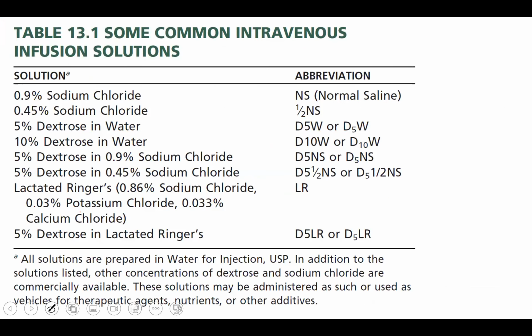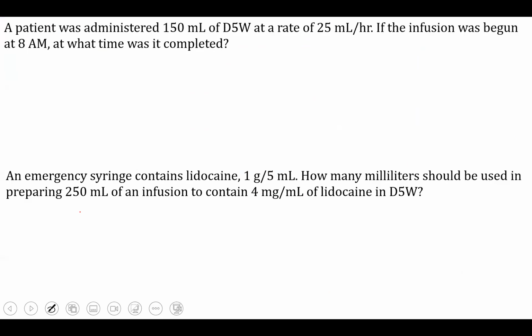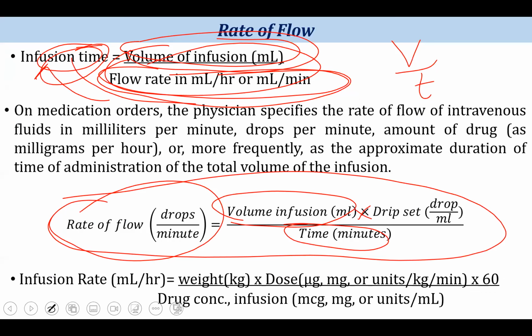Understand what is NS, normal saline, half normal saline, D5W. It will be helpful in calculating the osmolarity. The drip set will always be provided in this equation. I will ask how many drops per minute you will inject to finish the infusion within a certain time frame, let's say 5 hours or 6 hours.